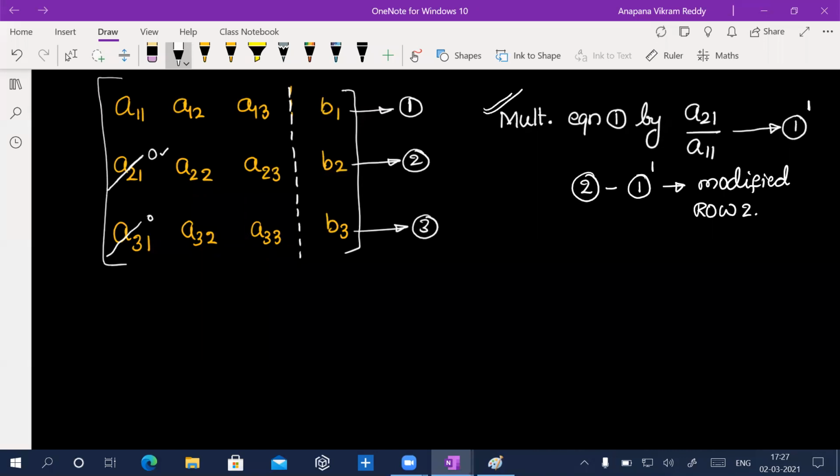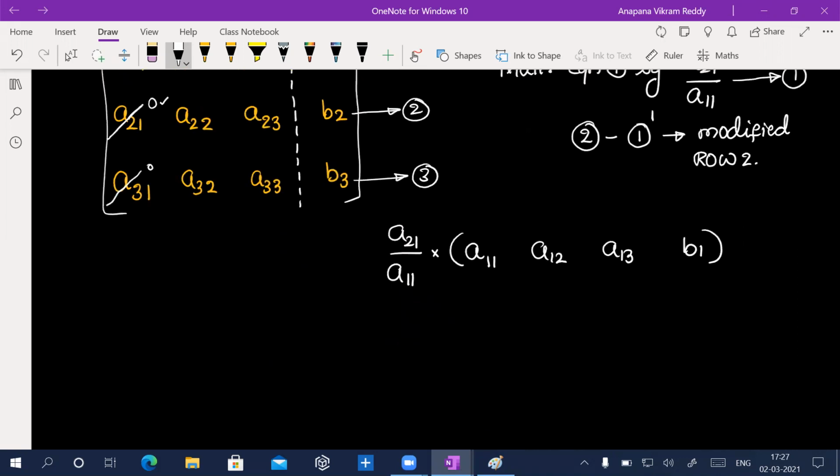So just multiply A21 by A11 by A11, A12, A13, B1. In the parenthesis, you have equation number 1. I'm multiplying the entire equation number 1 by A21 by A11. Now this modified stuff is our 1 prime.